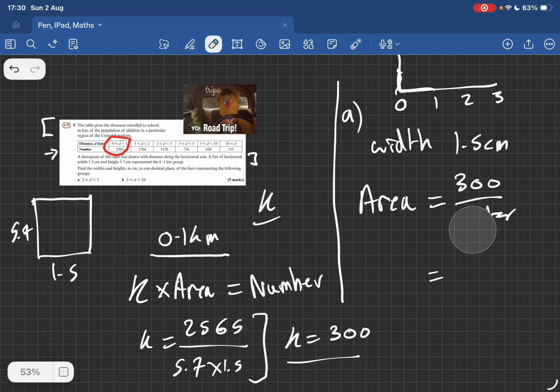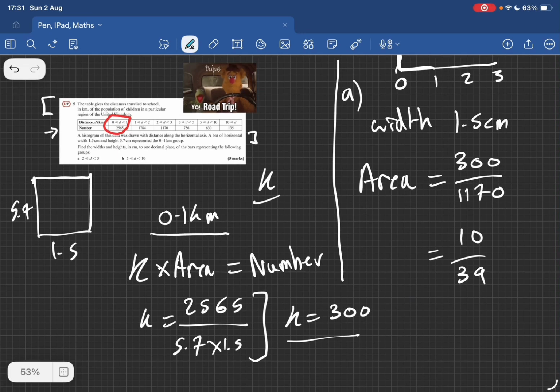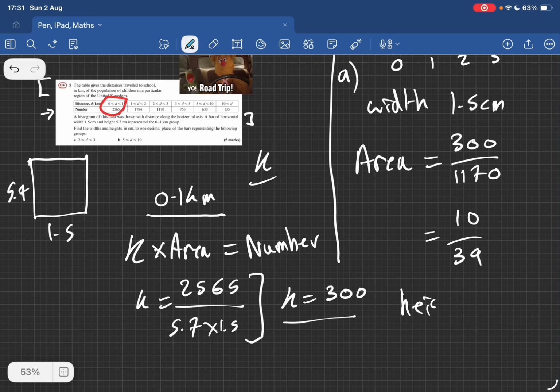I shouldn't just put number; it's 1784 for 1 to 2, not the number for 2 to 3. So for 2 to 3 it's 1170. 300 divided by 1170 gives us 10 over 39. I'm going to leave that as a fraction, because then we want to find our height. Height is going to be area divided by width, so area divided by 1.5.